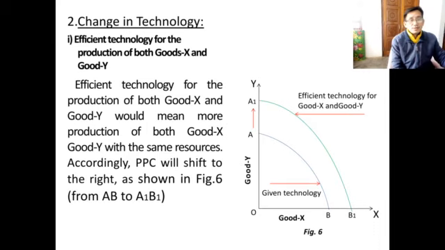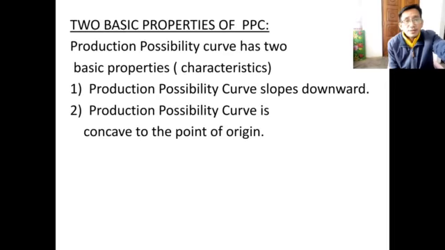So now we'll see the last portion. Of course it is supposed to be done earlier, but we can have it at the last. We have two basic properties of the production possibility curve, what we call characteristics.